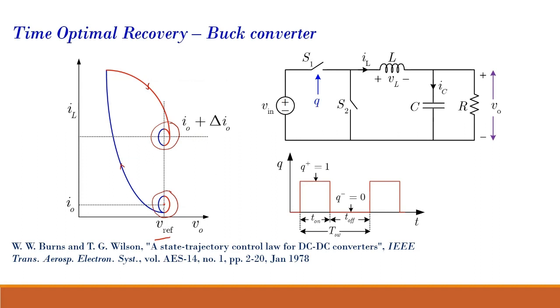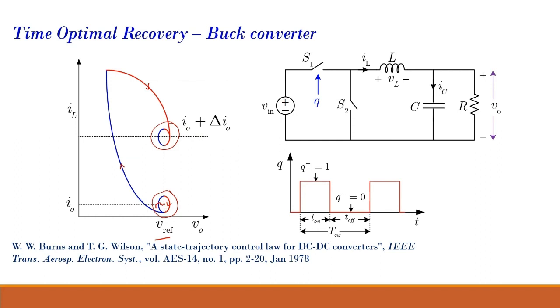These circles over here are known as the trajectory of the converter. When S1 is on, it will go like this. Then when S2 is on, it will go like this. This is how it rotates continuously in steady state at this operating point.